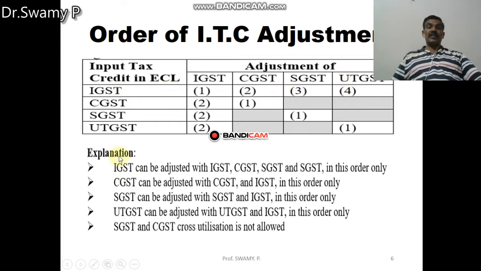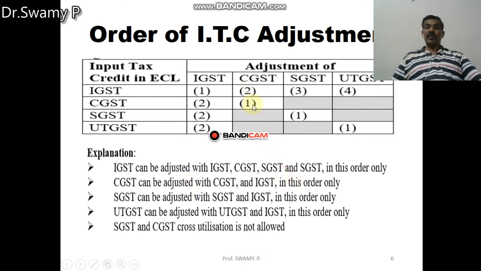It is very clear. The IGST input tax can be adjusted with IGST first and then CGST and then SGST and then UTGST in this order only. And if there is a CGST credit, that can be adjusted first only against CGST, then against IGST in the same order.